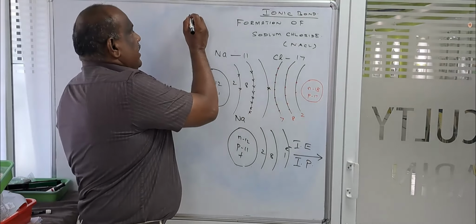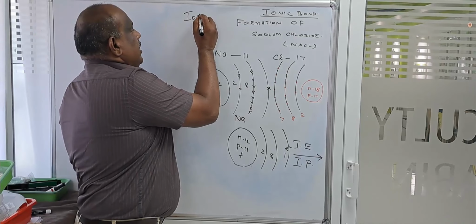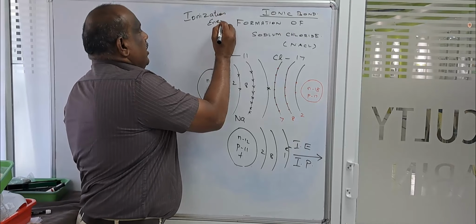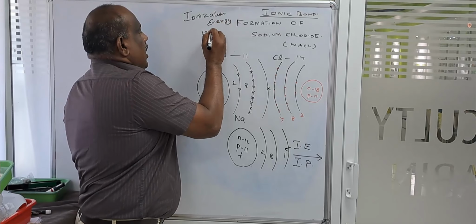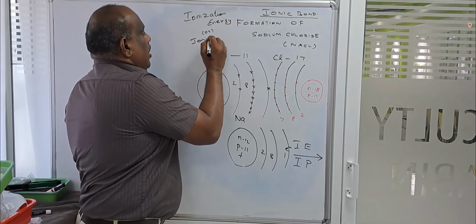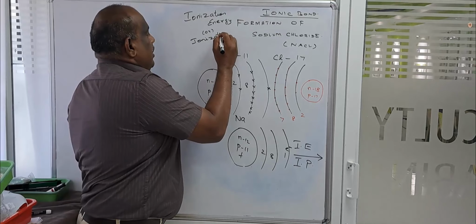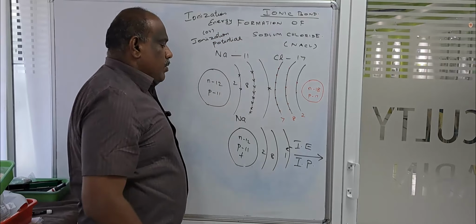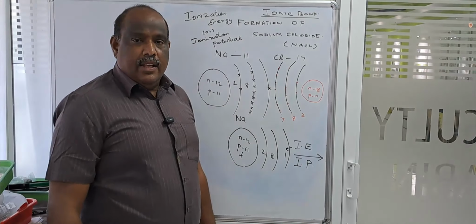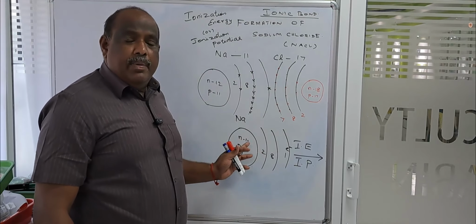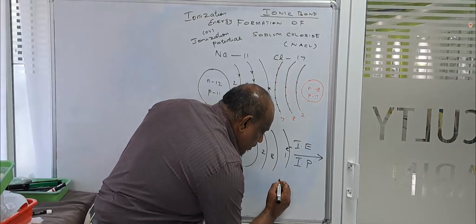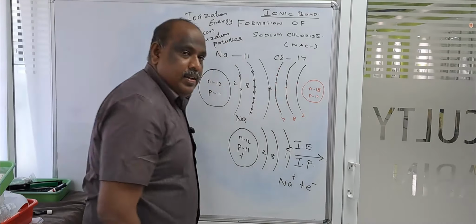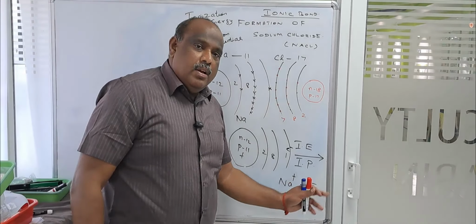I will write it here: ionization energy or ionization potential. So when I give the ionization energy, sodium will become Na+ plus 1 electron.